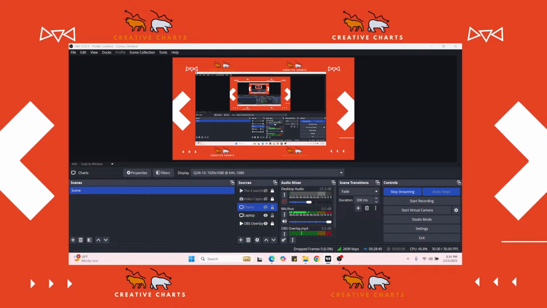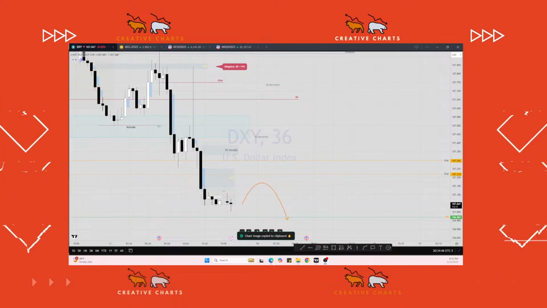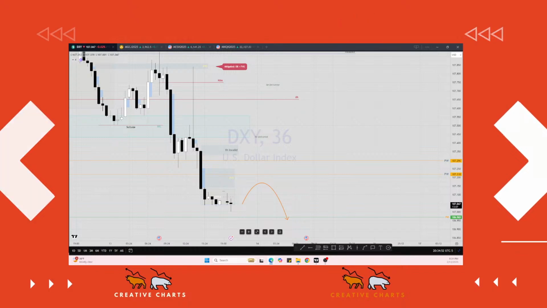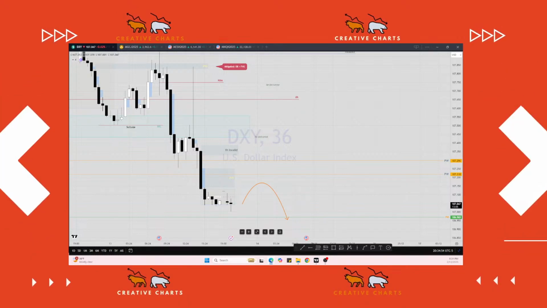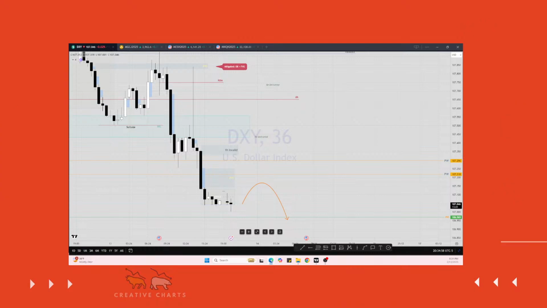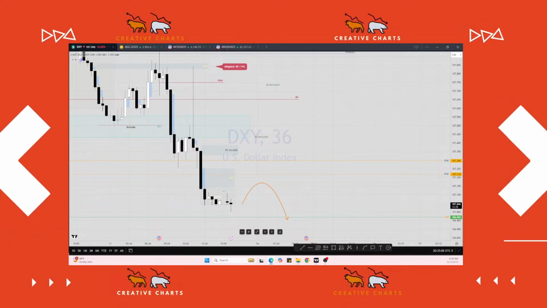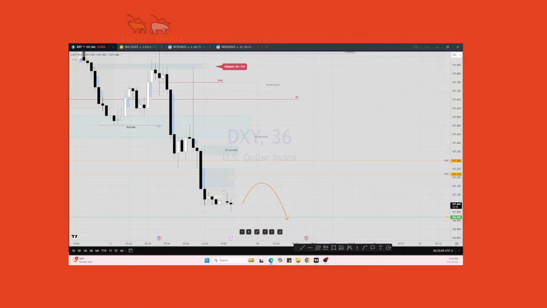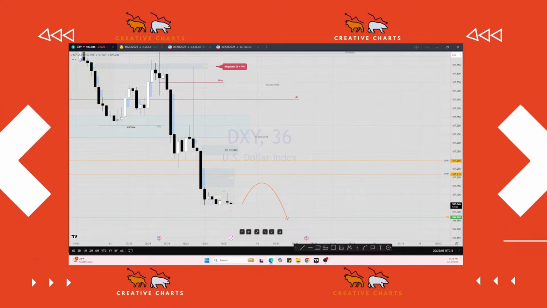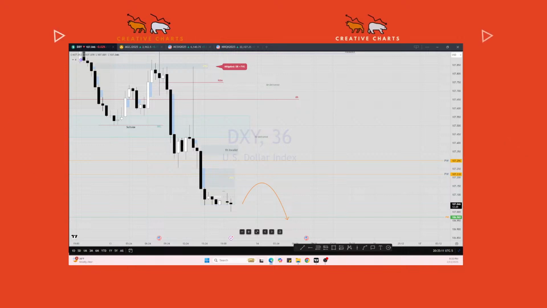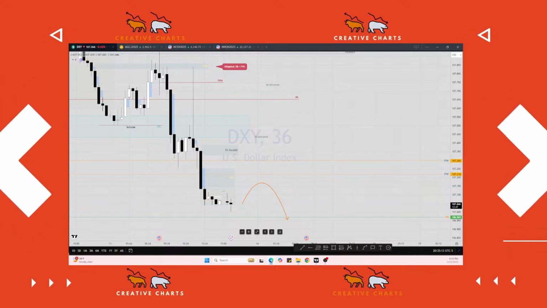So let me jump back over to my journal, go down to the changes up just a little bit, paste that, and say I'm looking at a bearish expansion accumulation. Price is accumulating, leading into Asia session.